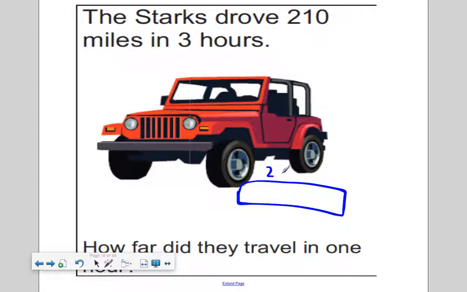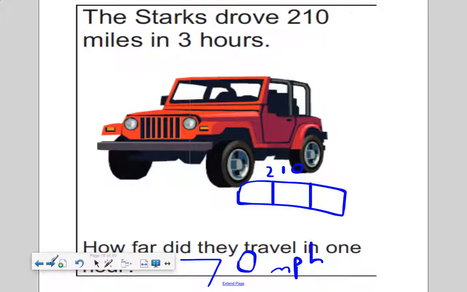So we know they drive 210 miles in 3 hours. So I need to break this down into 3 sections. Oh, so if I break it, it's 70 miles per hour. Shortcut is MPH, 70 miles per hour. 70 miles for each hour or 70 miles for every 1 hour.